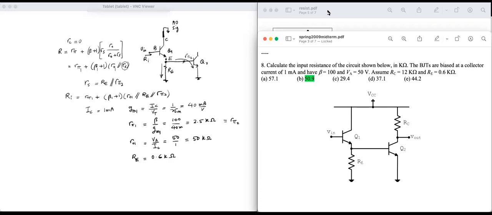All right, and now we can find the input resistance: 2.5 plus 101 times 50K parallel 0.6K parallel 2.5K. And we should get 50.9K. And that's the input resistance in this case.